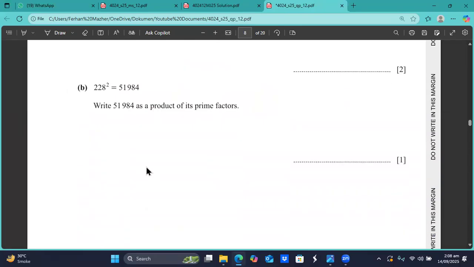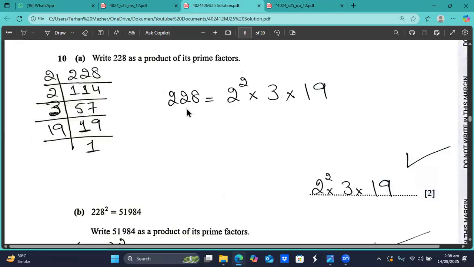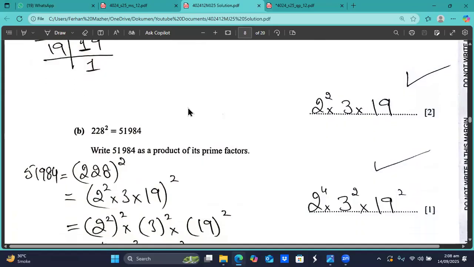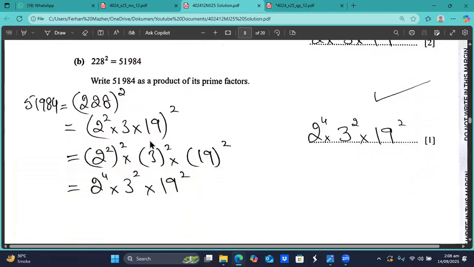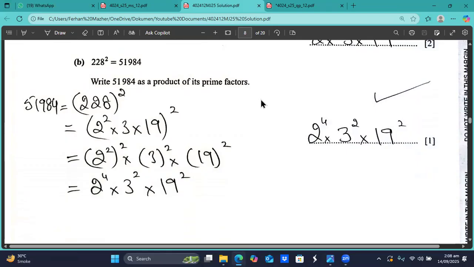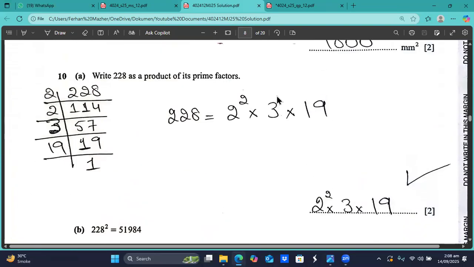Okay, then their question is part B. He says 228 squared is equal to 51984. Write 51984 as a product of its prime factors. Very simple, straightforward. So we know that 228 squared is this. The prime factors of 228 we already found here.